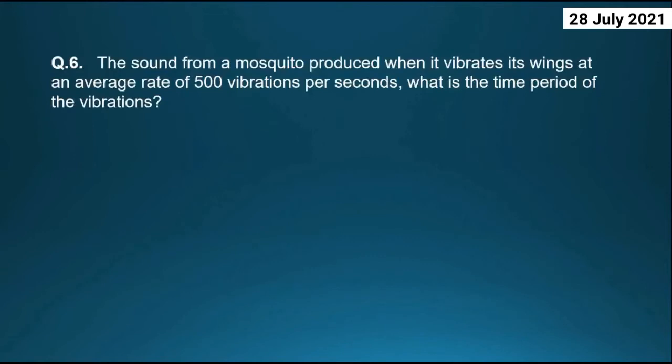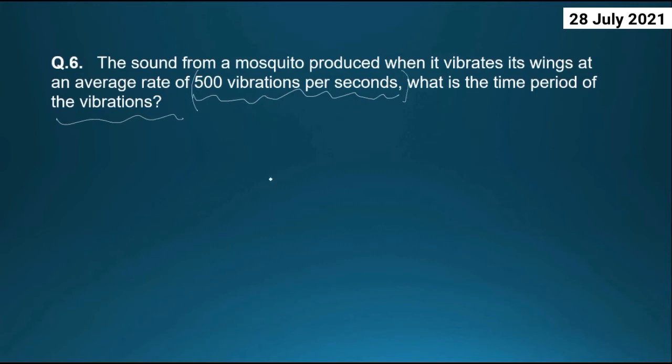Next question. The sound from a mosquito is produced when it vibrates its wings at an average of 500 vibrations per second. What is the time period of the vibration? Right? Just look at this content, 500 vibrations per second.